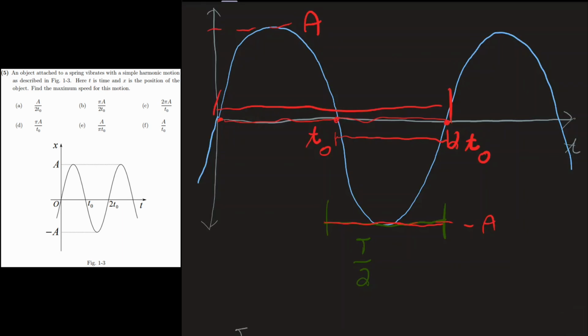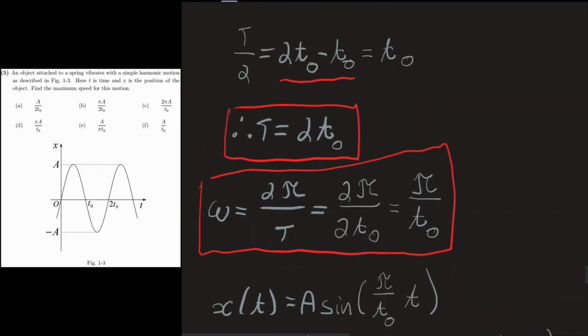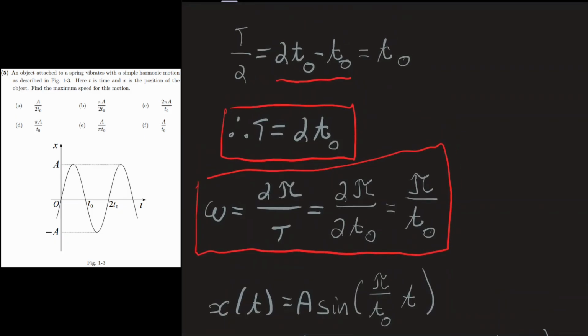And so because of that, we can say that the position of our object in terms of time t is equal to A times sine of the angular frequency times t. And of course, we just found here that the angular frequency is equal to pi divided by t sub 0.